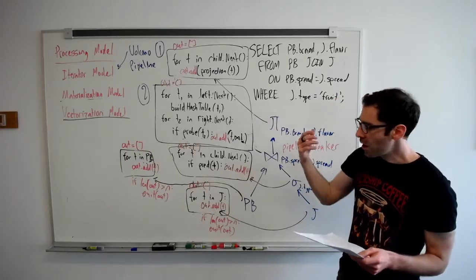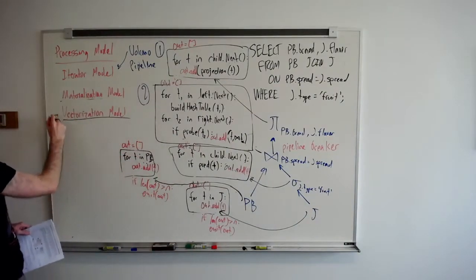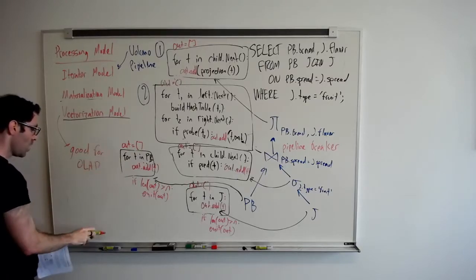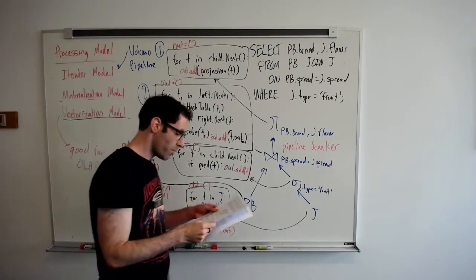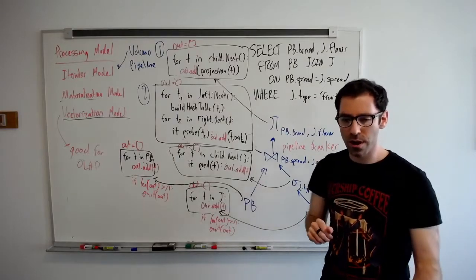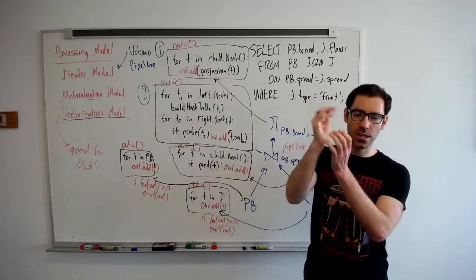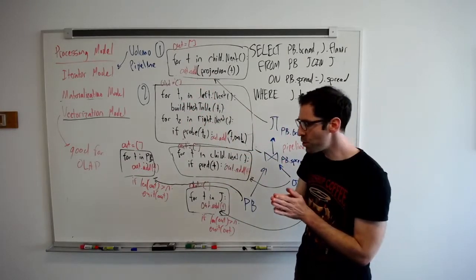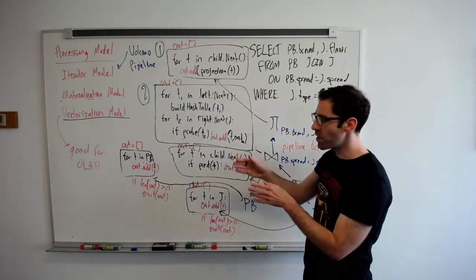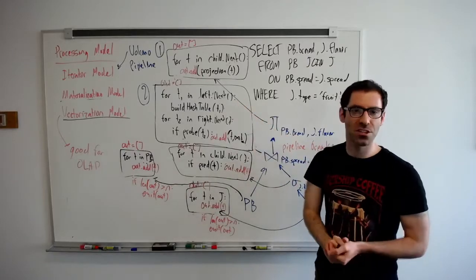And a couple advantages to this is, this is a good model for OLAP, because if we have a query where we are expecting these operators to be scanning and outputting large amounts of tuples, then by batching them, instead of one at a time, if we're doing 100 at a time, well, we have 100 times fewer calls to next that way.